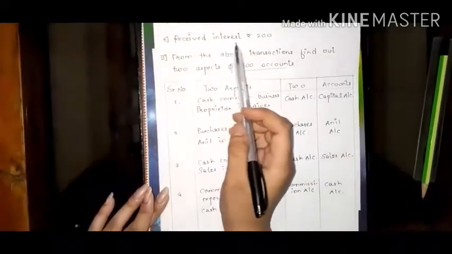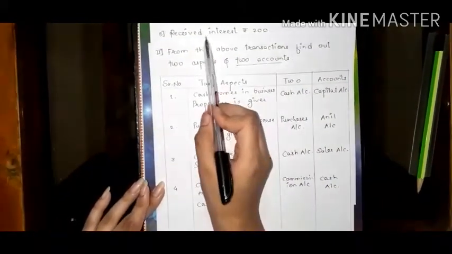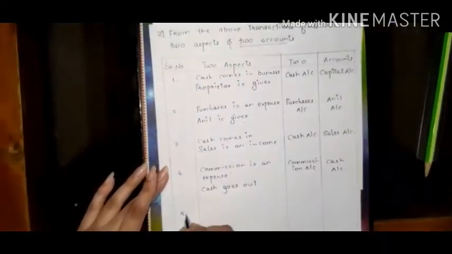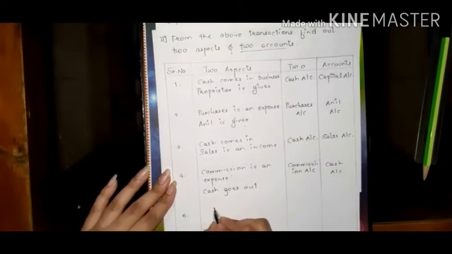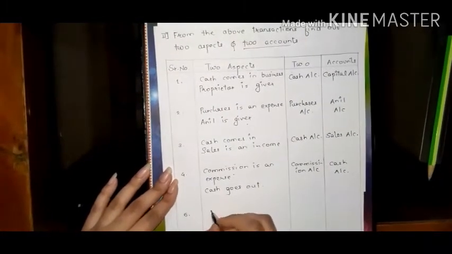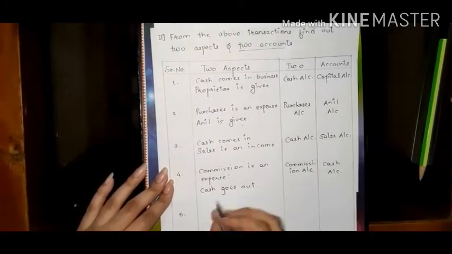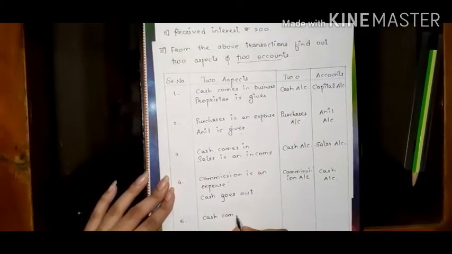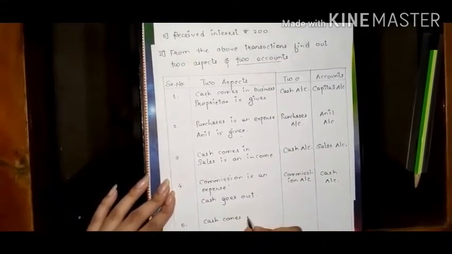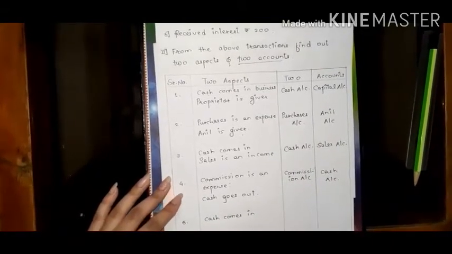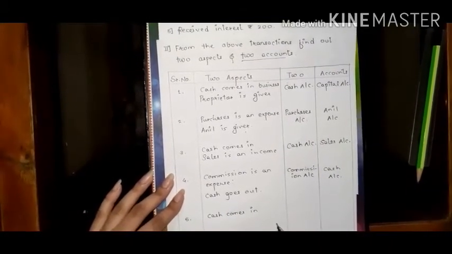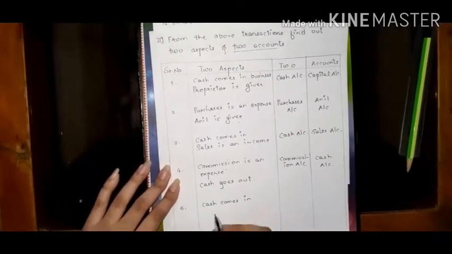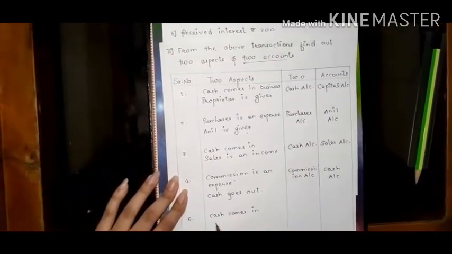Now the fifth transaction. Received interest rupees 200. Now this is our income. We have written the two aspects in the first problem. So cash comes in. As we have received it, so it is cash comes in. We have received in the form of cash. So this is the first aspect. And we have received interest.